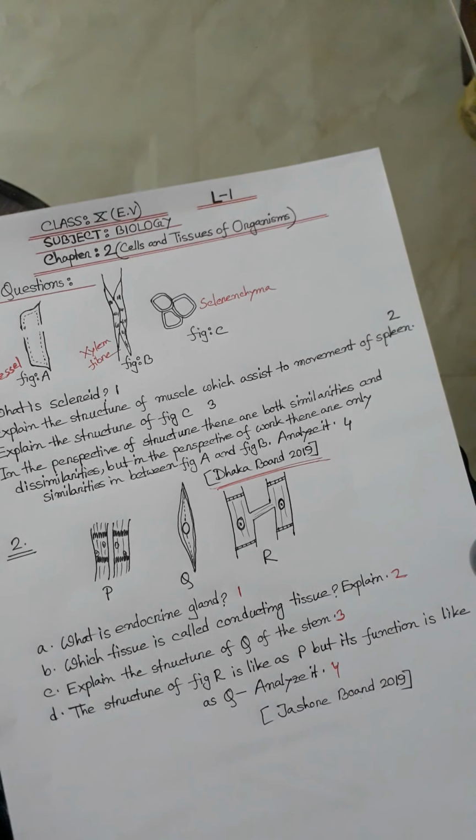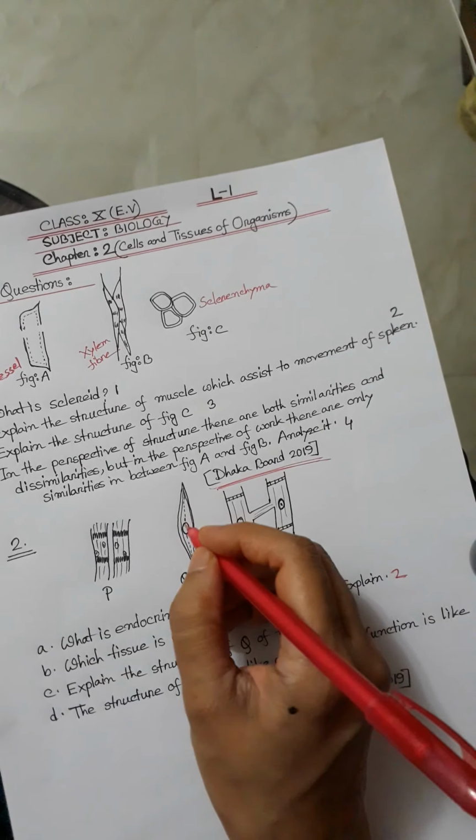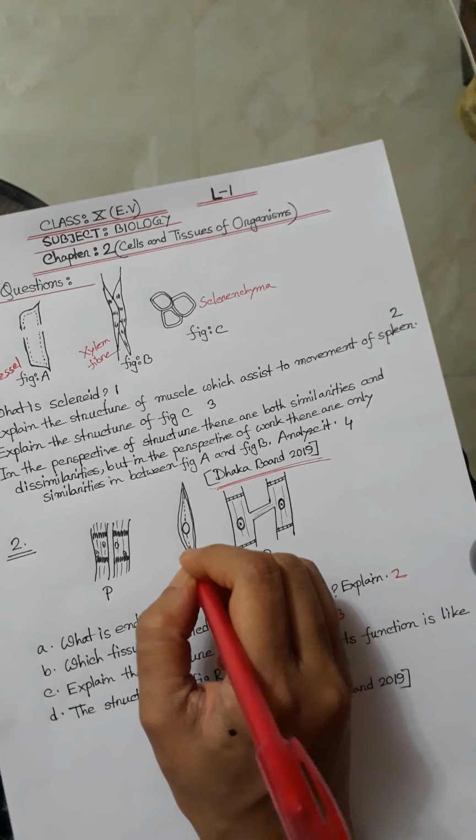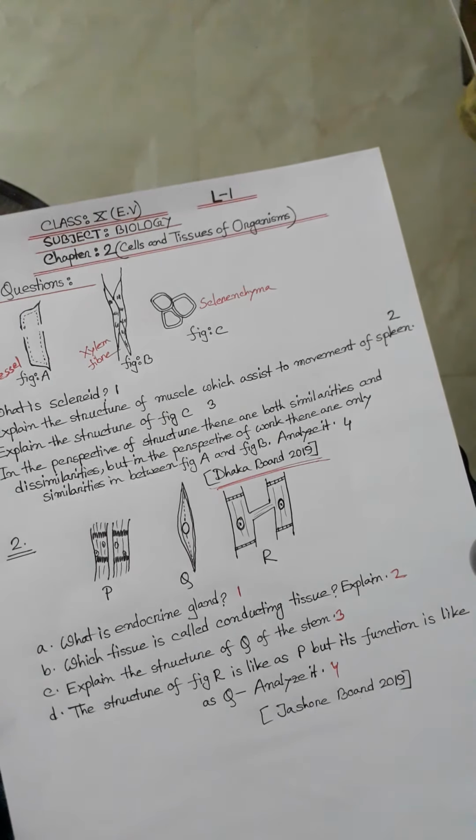The structure of involuntary muscle is described below. Here you must draw the figure Q, involuntary muscle. The contraction and expansion of this muscle tissue do not depend on the will of the animal.